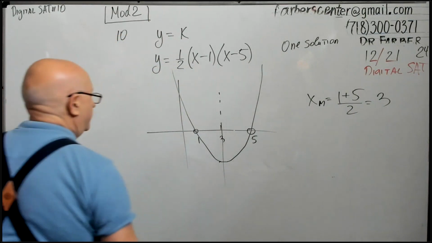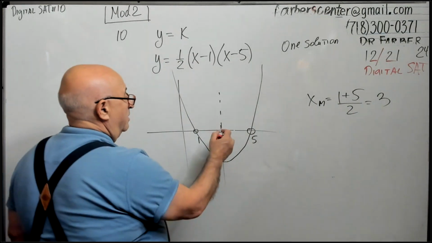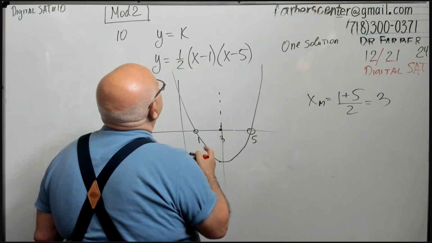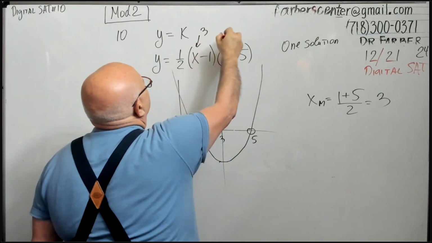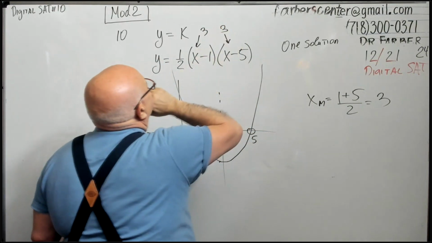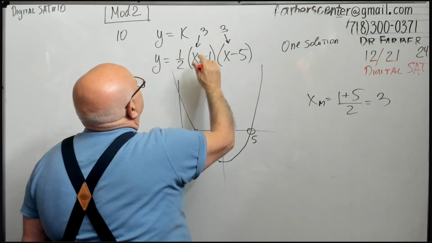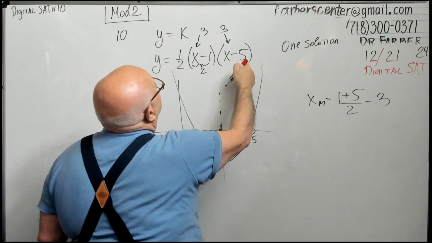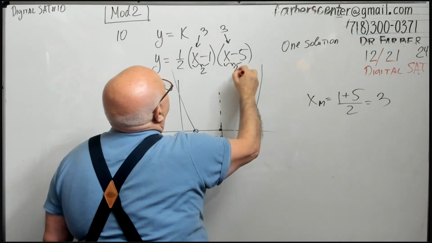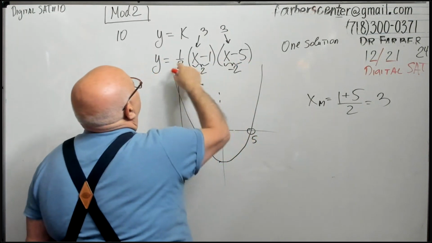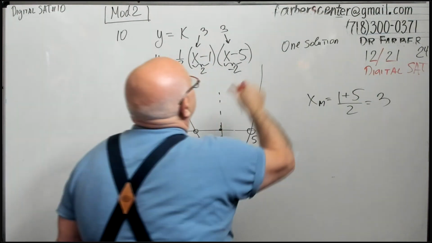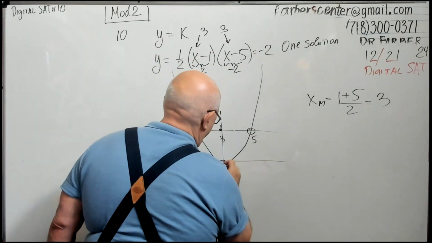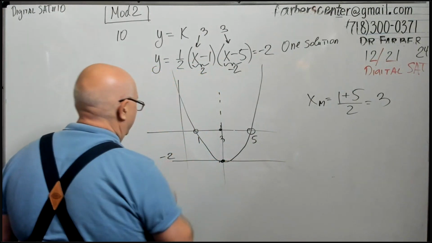How to find y? Plug in 3 here. 3 minus 1 is 2. 3 minus 5 is negative 2. The 2 and the 1 over 2 cancel out. It would be negative 2. Sorry, it's supposed to go like this, with vertex at negative 2.